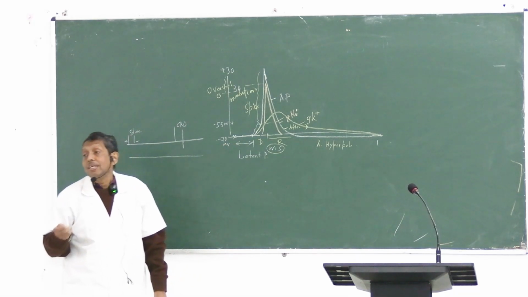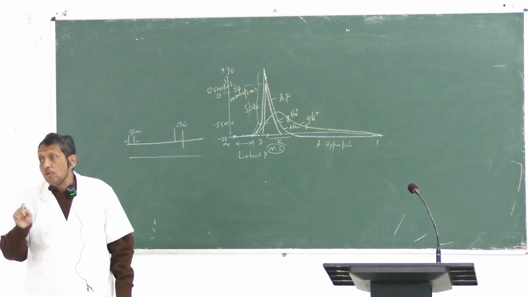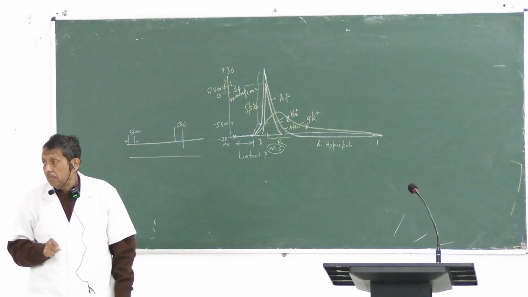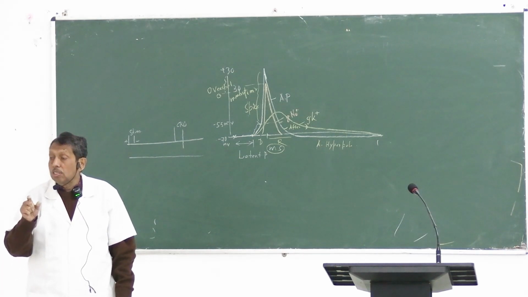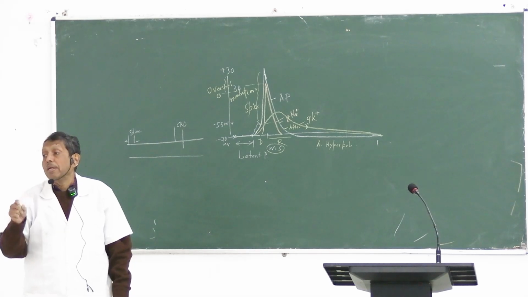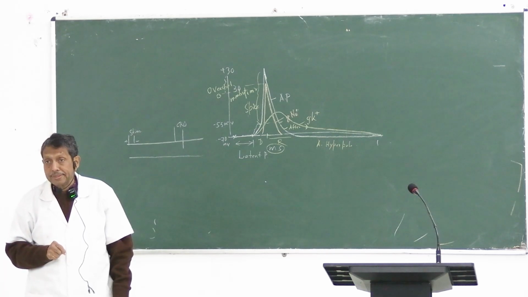So you can imagine that there is some extra potassium ion inside, and it will try to go outside to maintain the equilibrium potential, according to the concentration difference that is maintained by the membrane sodium potassium ATPase. Clear?